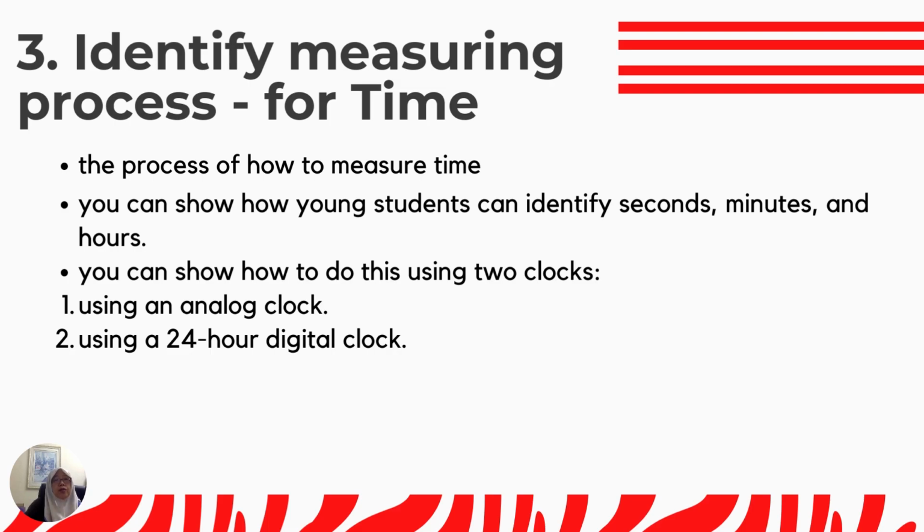So you can show how to do this using two clocks. That means you bring the clocks to the classroom so that they can hold it, they can see how it works, okay, and they can read the time for analog clock as well as for a 24-hour clock.